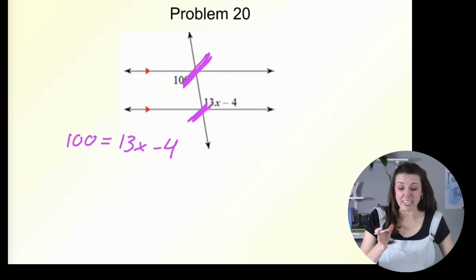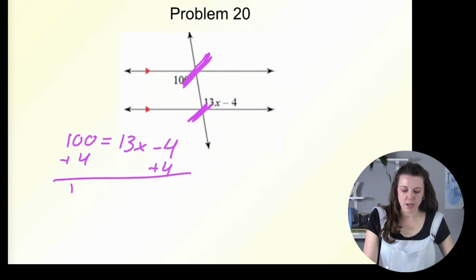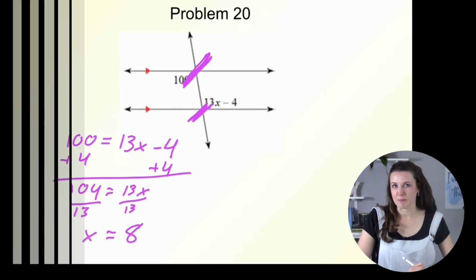You might encounter other problems like this where it is looking at a different side, and then you have to determine whether it's a supplementary, complementary angle, that sort of thing. But here, they're going to equal, which is great. So I'm going to add 4 to both sides, plus 4. I get 104 equals 13x, divide by 13, and x is equal to 8.